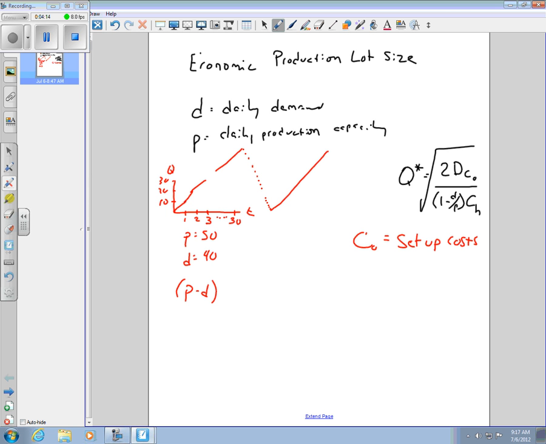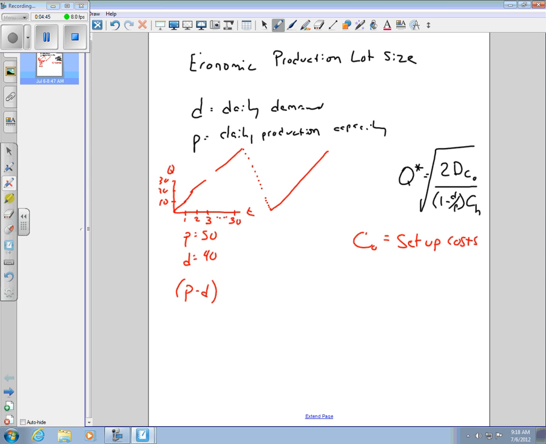Or should I make a longer production run where I produce for, let's say, 100 days, and over that 100 days I would produce 5,000 transmissions and accumulate 1,000 transmissions. So I've got to decide what's the appropriate production run size, and that's Q. We're going to use the Q to represent now a production run size. So that's the kind of decision I make.